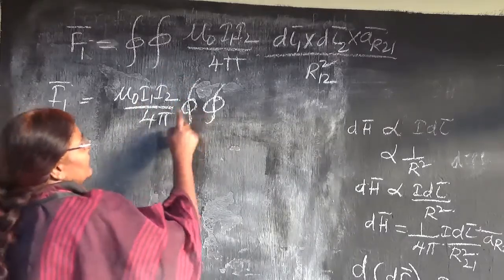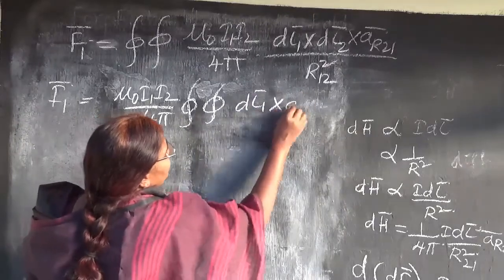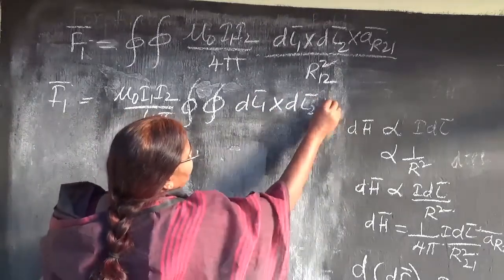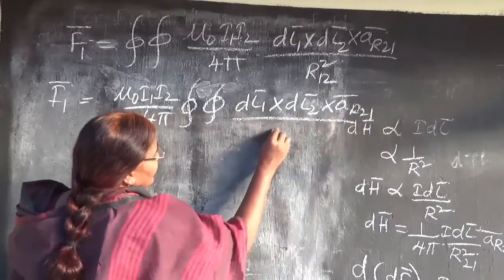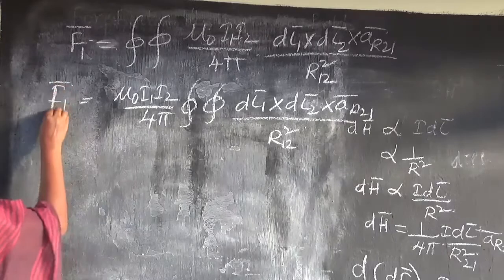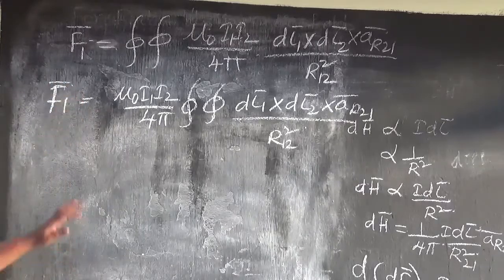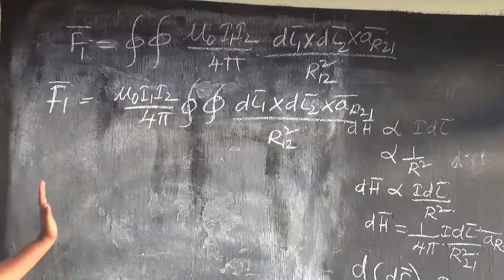That is the reason I have taken this. And dL1 bar cross dL2 bar cross aR21 bar divided by R21 square. This is the force exerted on the first differential current element by the second differential current element.